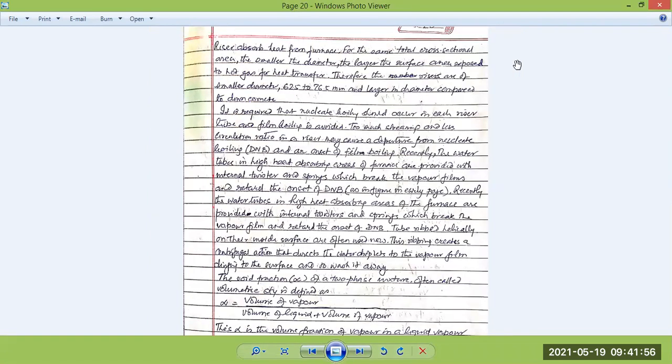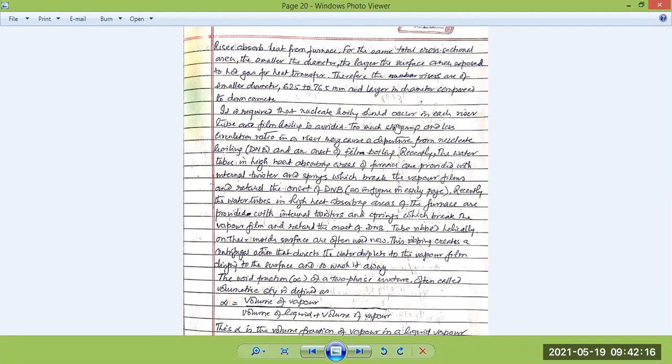Now, the function of the riser is to absorb heat from the furnace. For the same total cross-sectional area, the smaller the diameter, the larger is the surface area exposed to hot gas for heat transfer.